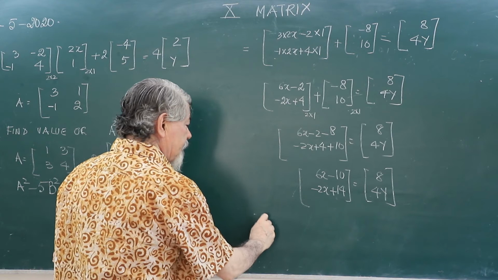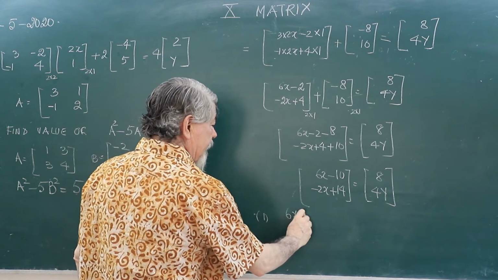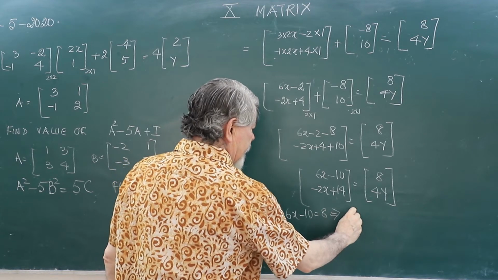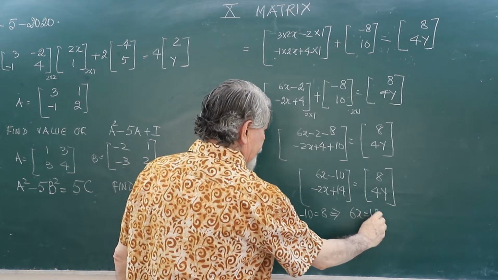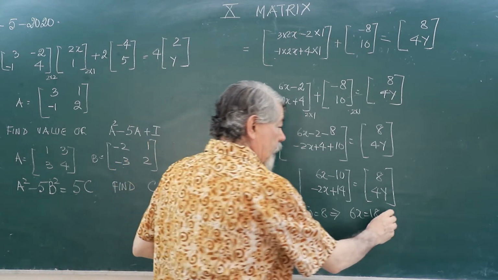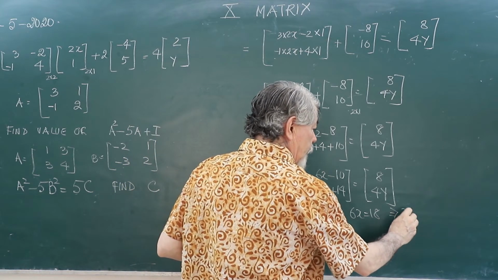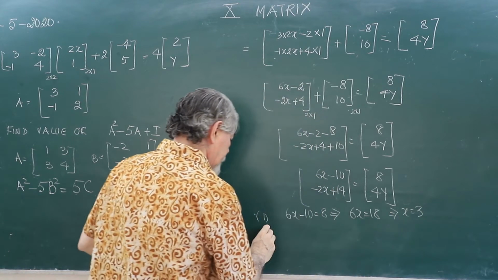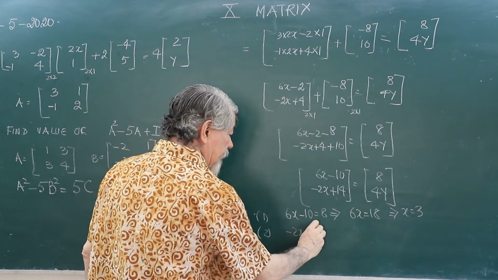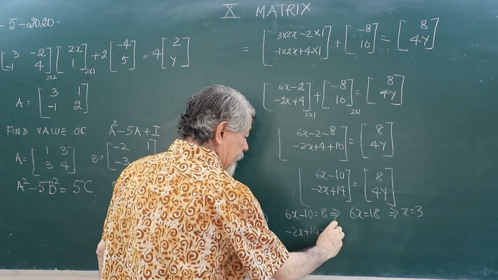The first one is 6x minus 10 is equal to 8, which will imply 6x is equal to 18. 10 will be shifted to that side, 10 plus 8 is 18, so x is equal to 3. The second one is minus 2x plus 14 is equal to 4y.